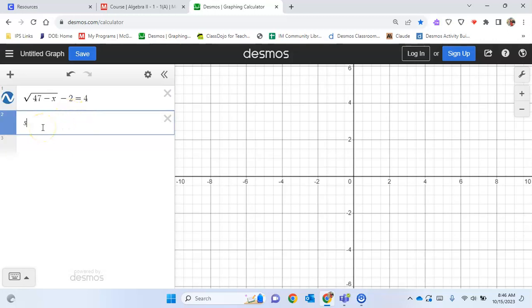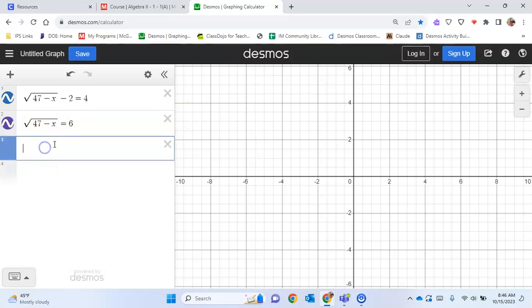You get the square root of 47 minus x equals 6. And what square root equals 6? That's 36. So 47 minus 11. That's why we can see the solution.